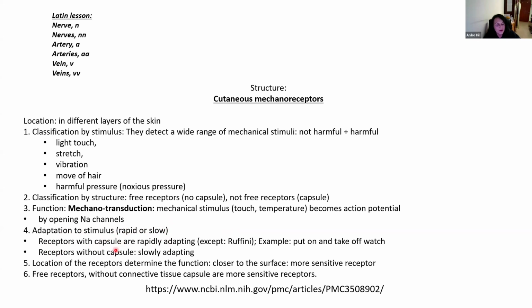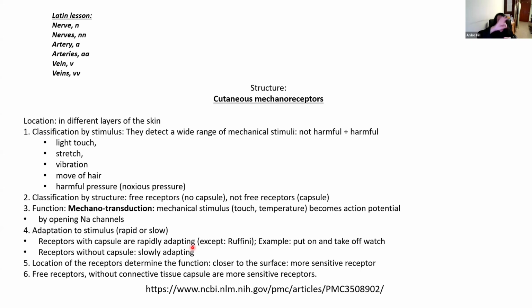Receptors that have a connective tissue capsule are usually rapidly adapting. And the reason is, if you think a little bit, just common sense, that the connective tissue capsule is blocking the stimulus hitting the sensory nerve sitting in the middle of the capsule. Just make sure that you understand, the receptor is not the capsule.